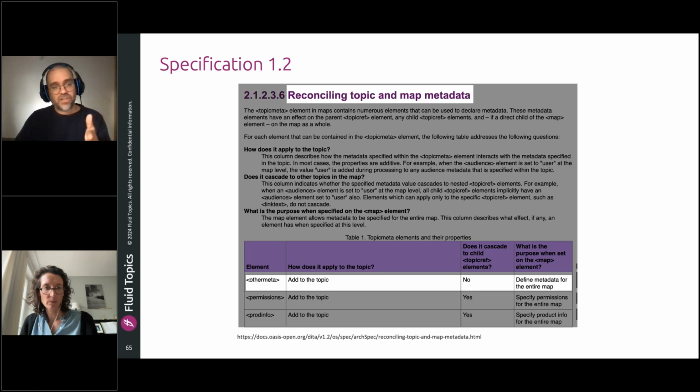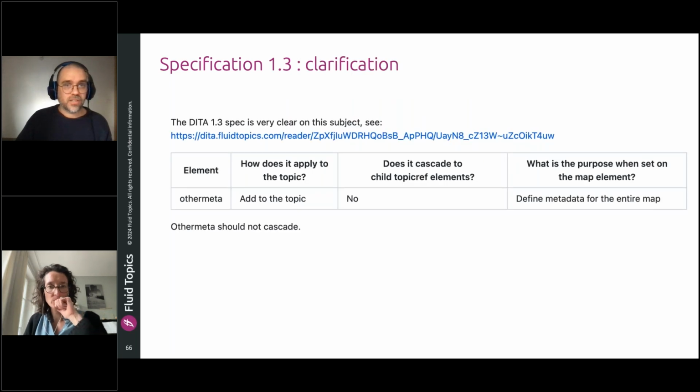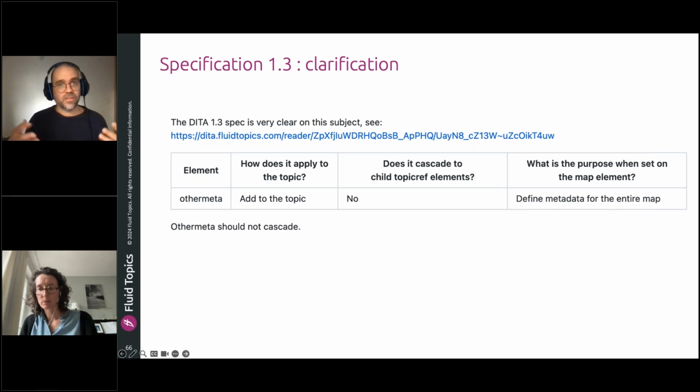Between the application of the specification and the releases, the fix in DITA-OT took not several months, but maybe much more. And there was a clarification in the DITA 1.3 specification: no, other meta does not inherit at topic level. It should not cascade.